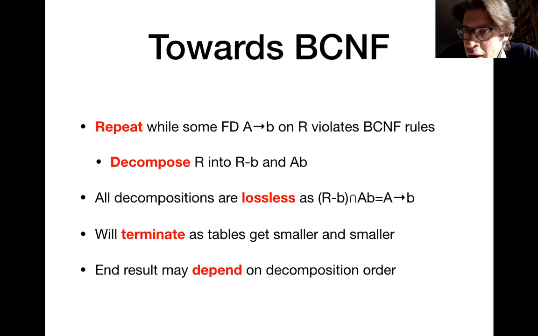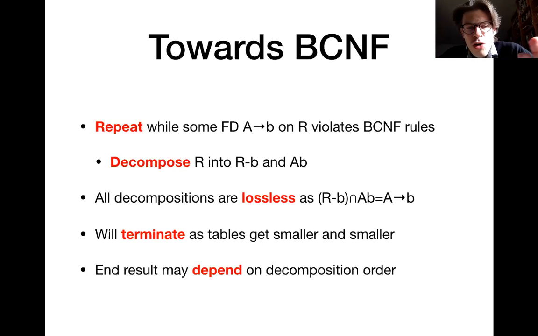Now we could wonder whether this algorithm will ever terminate. It will, because whenever you decompose a table, it gets smaller. At some point, you must end up with atomic tables, basically.